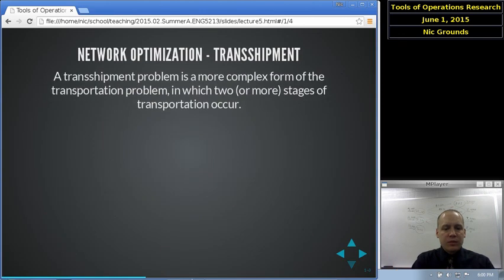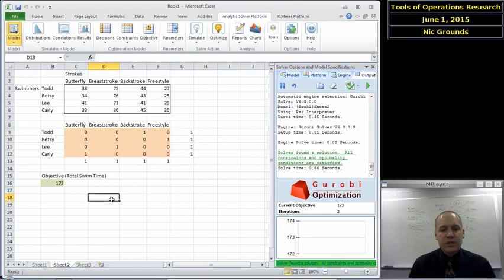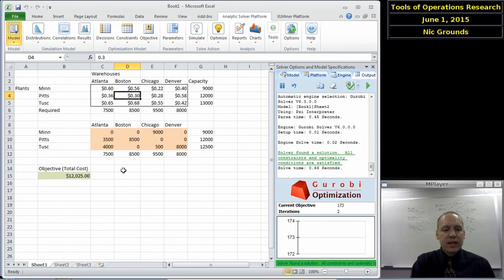Now, actually, before we move on and talk about additional network optimization problems, I want to go back and review what we did in the transportation model here. So we found a way to ship product from each plant to each warehouse to minimize total cost.